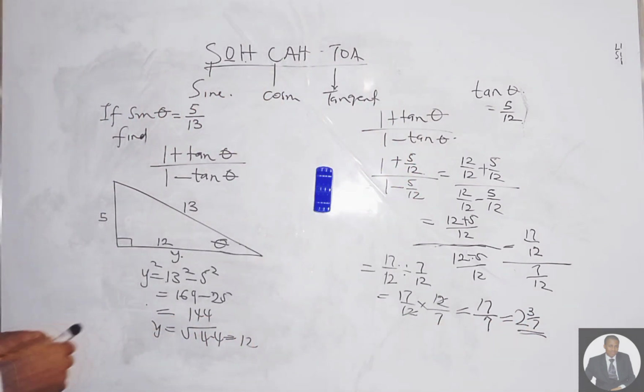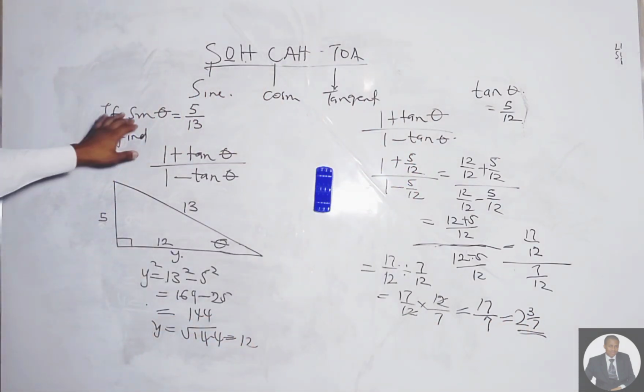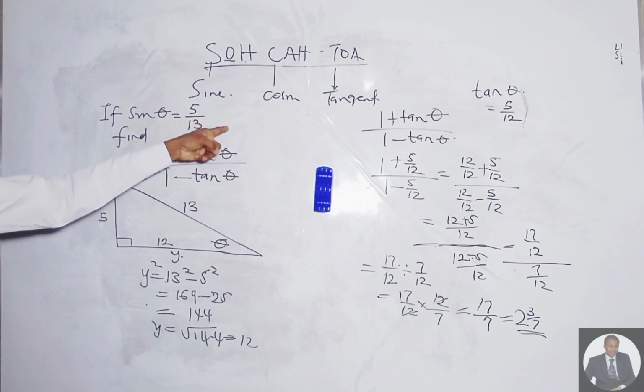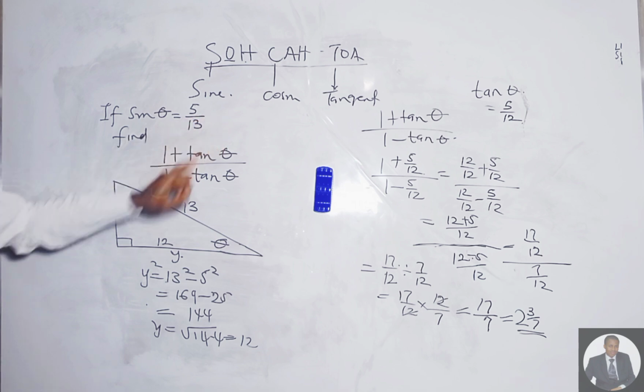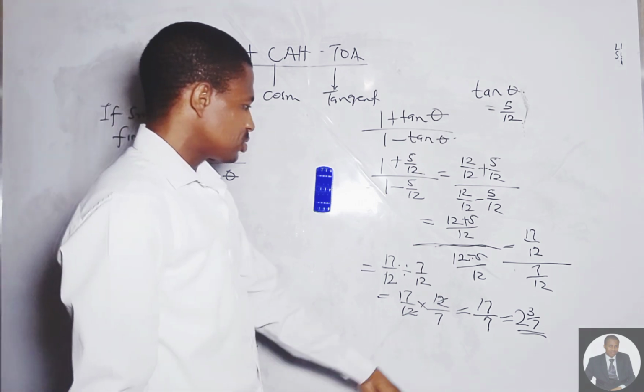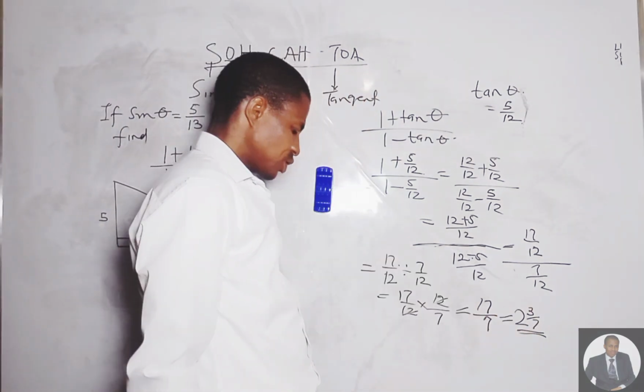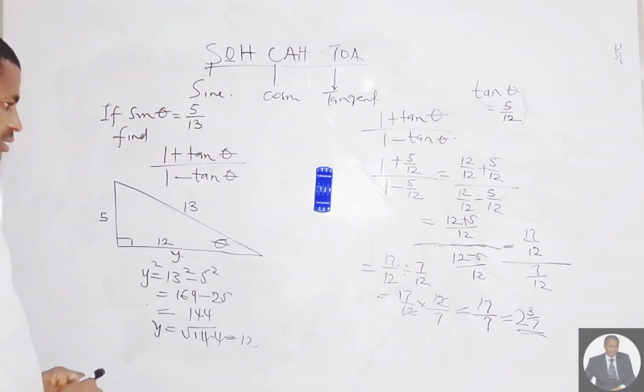This is the answer. So we are given the sine of a particular triangle, and then it will be our duty to look for the third side, and then we can do the mathematics. So our answer here is 17 over 7, or 2 whole number 3 over 7.